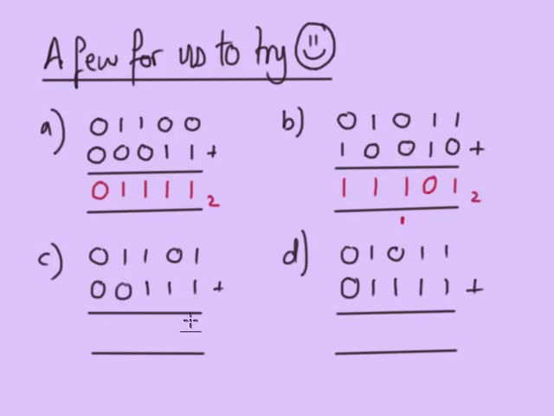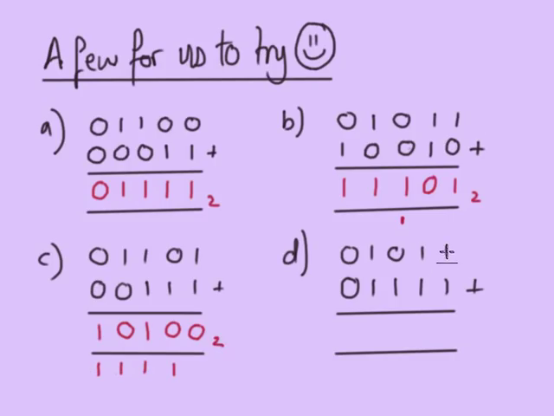C, 1 plus 1 is 0, carry 1. 0 plus 1 plus 1 is 0, carry 1. Aha! 1 plus 1 plus 1 is 1, carry 1. 1 plus 0 plus 1 is 0, carry 1. 0 plus 0 plus 1 is 1, again in base 2.